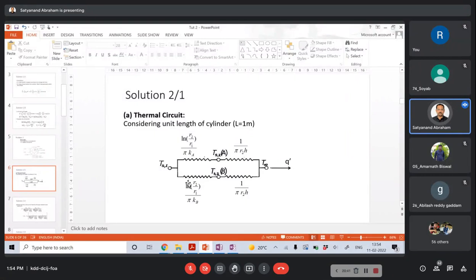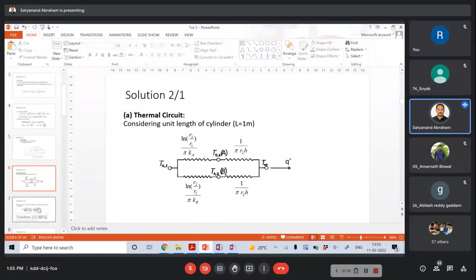So first is conduction through insulation material A, and then convection from material A. Next is conduction through material B, and convection from material B. For each material, the conduction and convection are in series, but altogether it is parallel to the other material. Once we draw the circuit, everything is going to be the same.